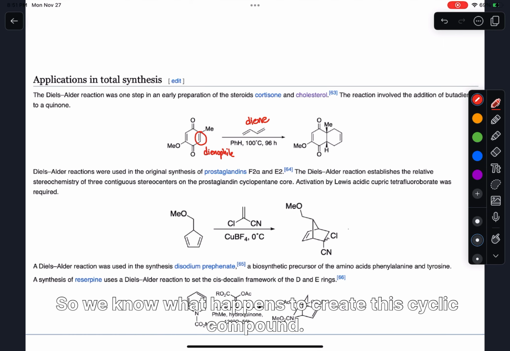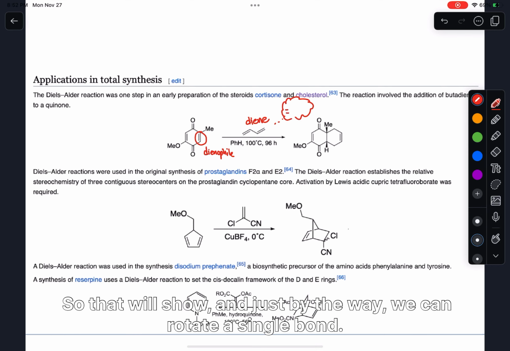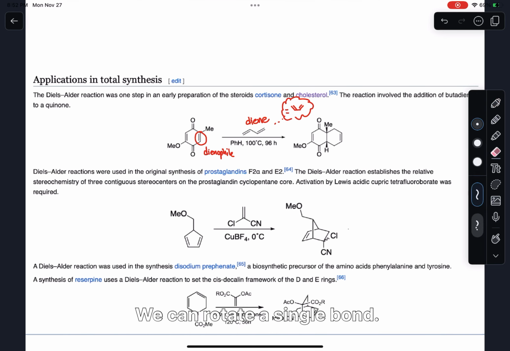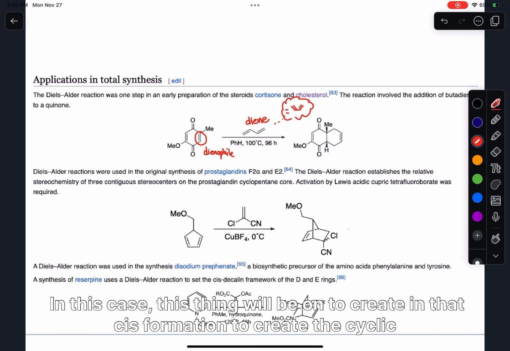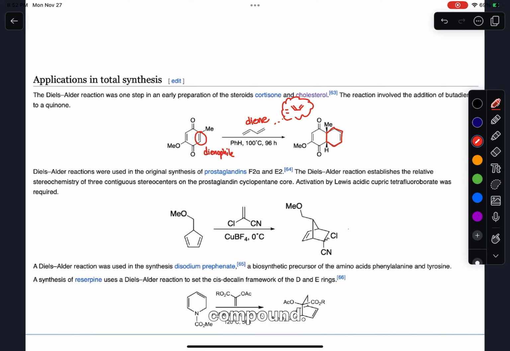So we know what happens, it creates a cyclic compound. Just by the way, we can rotate a single bond. We can't rotate a double bond, we can rotate a single bond. In this case, this single bond to create that cis formation to create the cyclic compound. Here I've just outlined it.